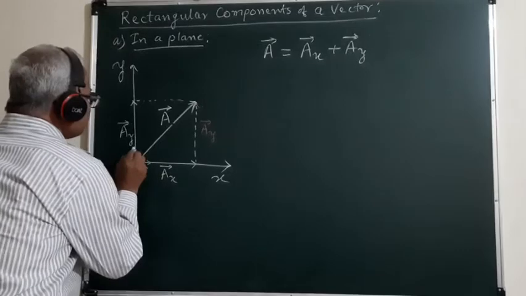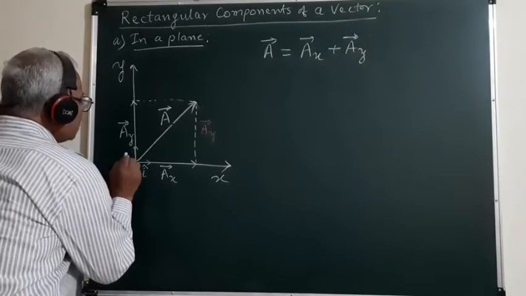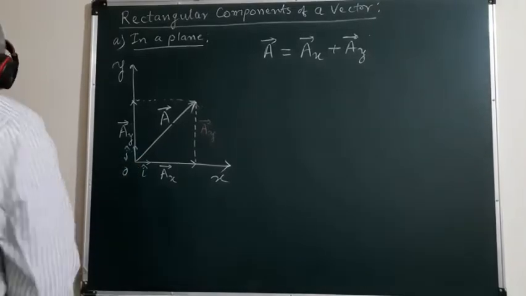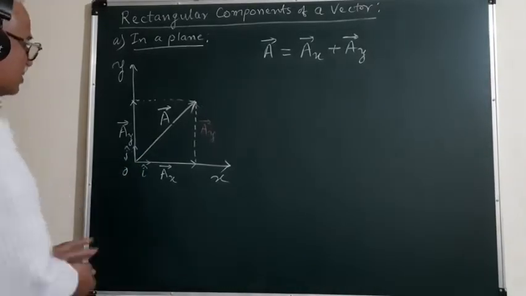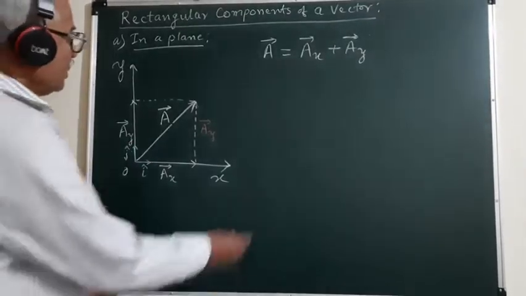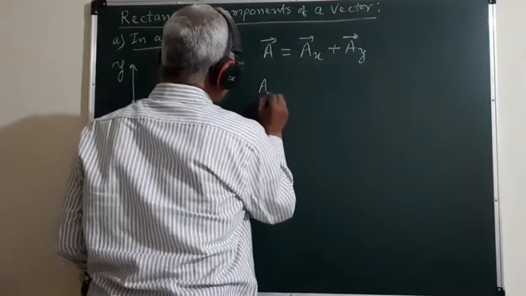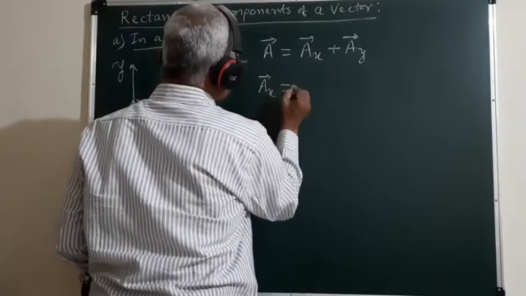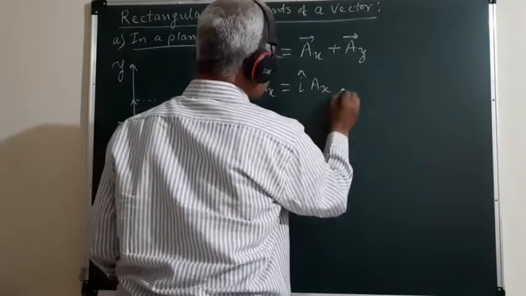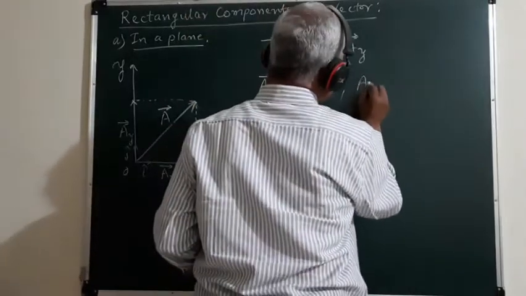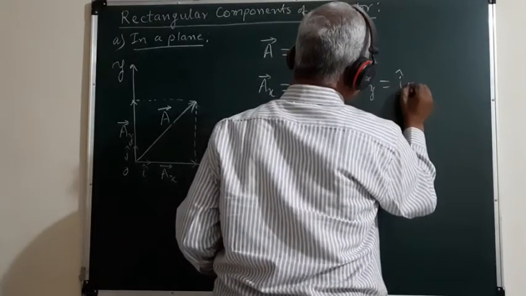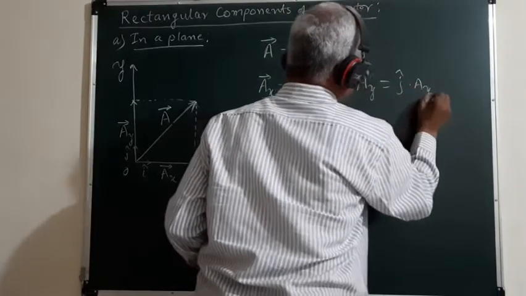As we know that i cap is the unit vector along the positive direction of x-axis and j cap is the unit vector along positive direction of y-axis. The component ax bar can be expressed as i cap into ax and the component ay bar can be expressed as j cap into ay.